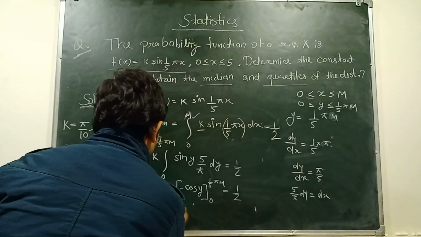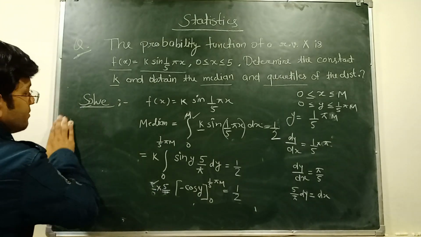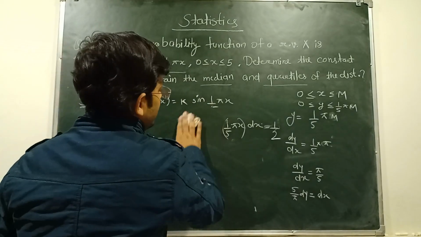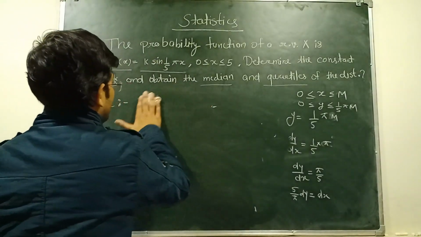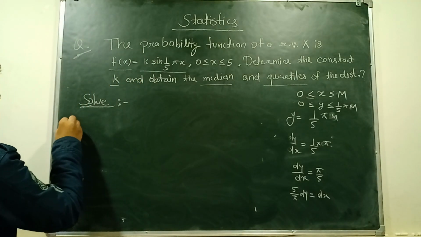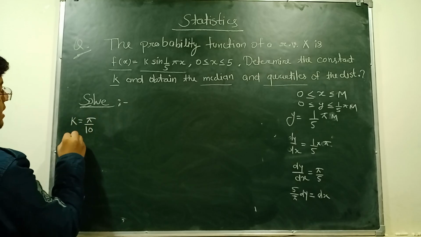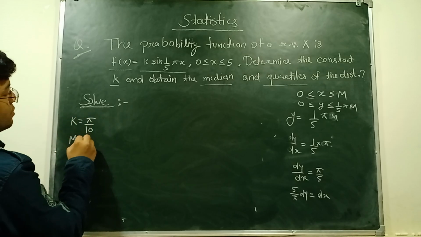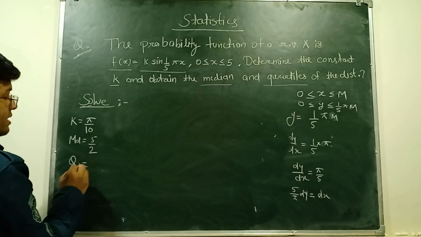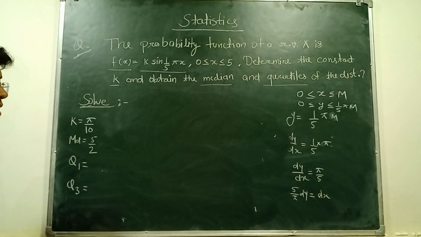So let's begin. We have already found our median and the k value. Our k value is 5 upon 10 and our median is equal to 5 upon 2. Now the next term is q1 and after that q3.